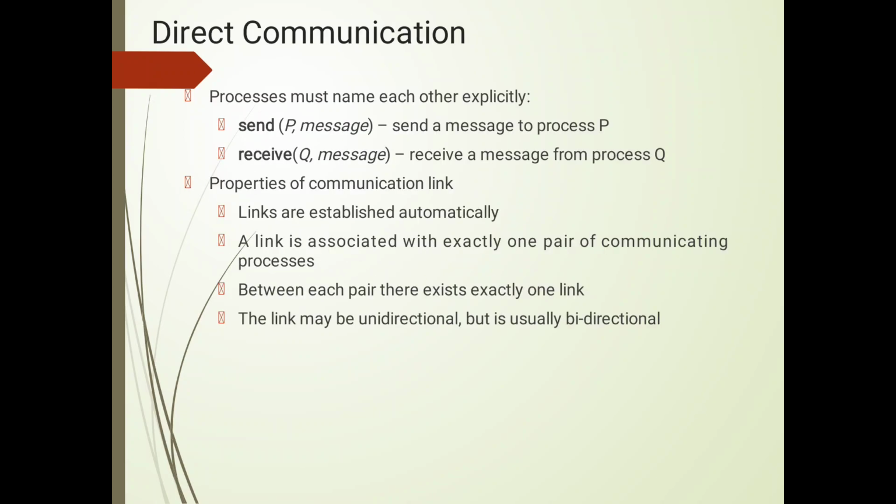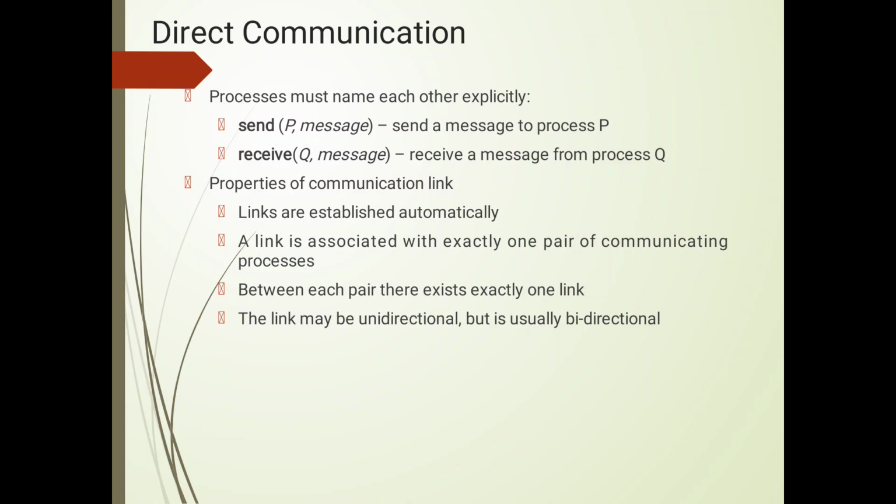In direct communications, the processes must name each other explicitly. In sending and receiving, the process specifies the name explicitly. In sending, send a message to process P, so the name of the receiver is to be specified explicitly.